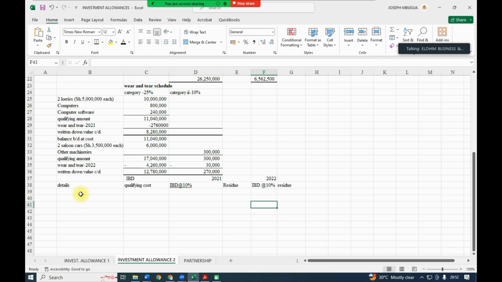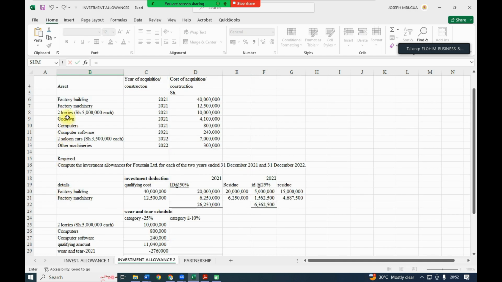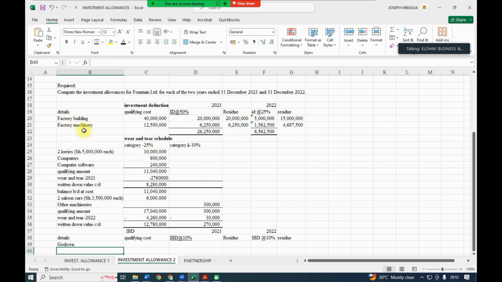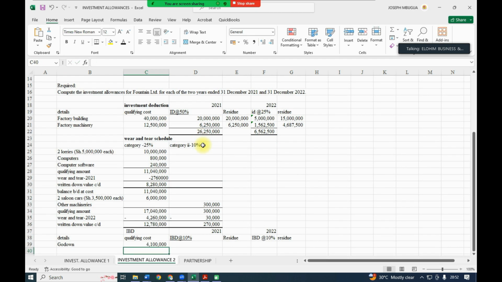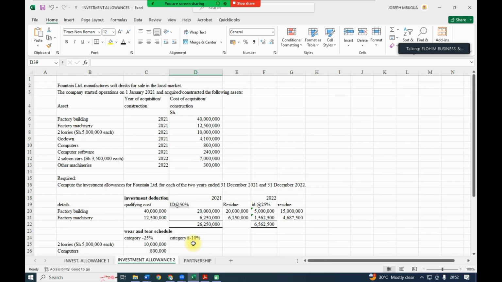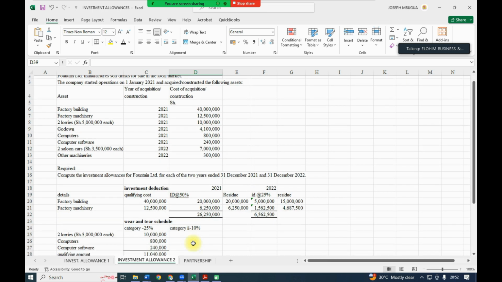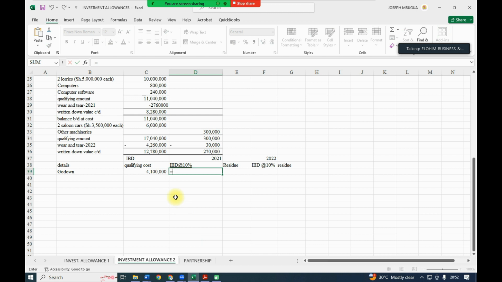Here our details only have one item, the go down, and the qualifying cost of the go down was 4.1. So IBD at 10 because we don't know the dates, but you know it was at 10, 4.1. This one by 10%. We get the residual, which is a balance.